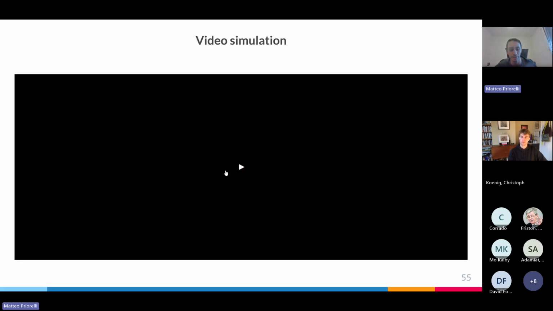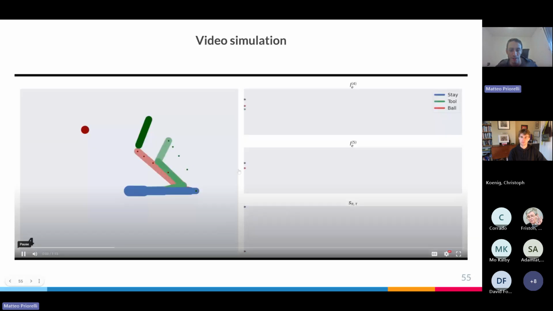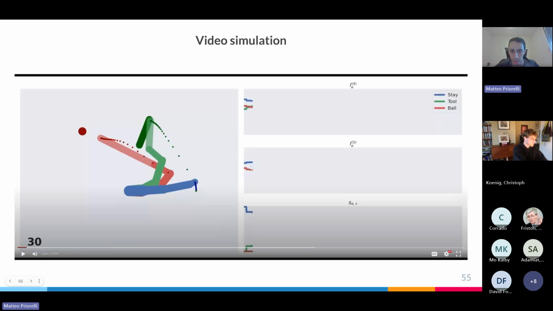So this is a video simulation of the final task. You see here the potential and the actual body configuration, and the first plot to the right represents the bottom-up message from the continuous model to the discrete model that conveys the log evidence for the hand level, and the second one represents the bottom-up message for the virtual level, so that you see that in this case we don't have the tool reaching action.